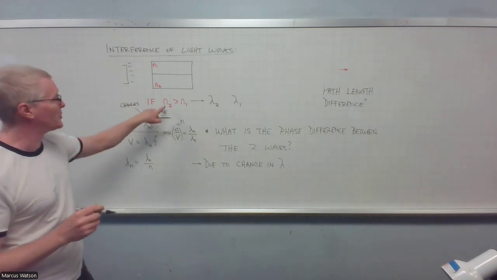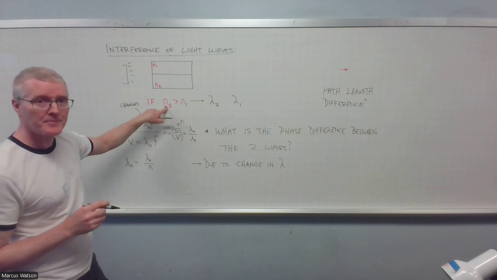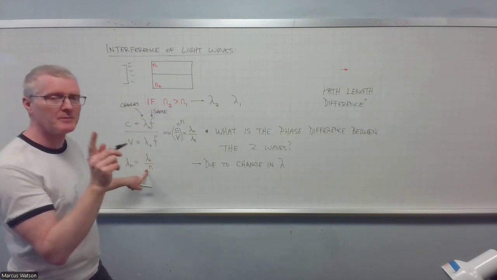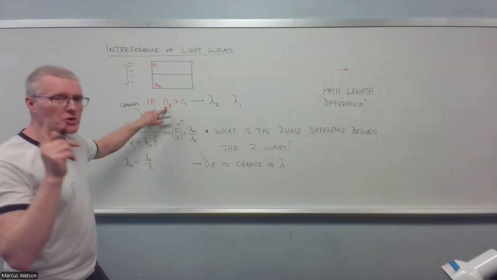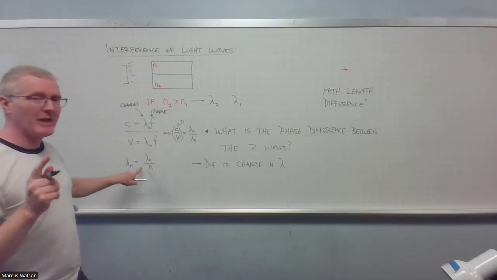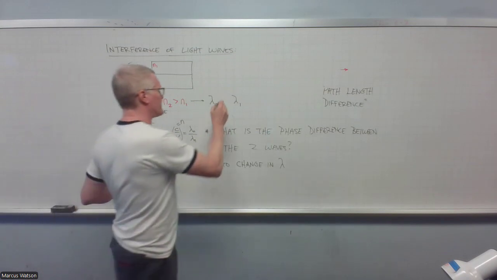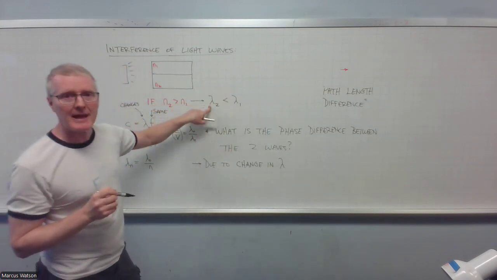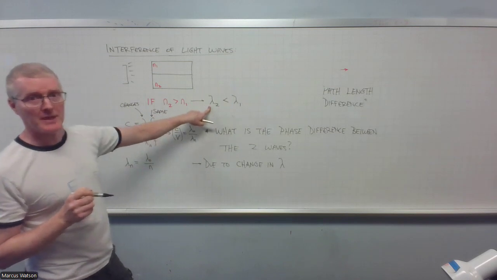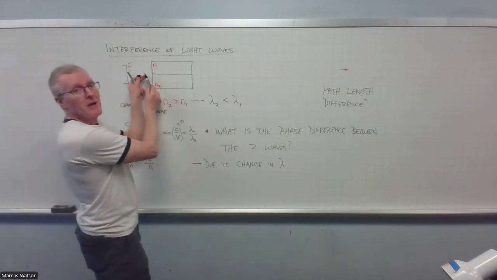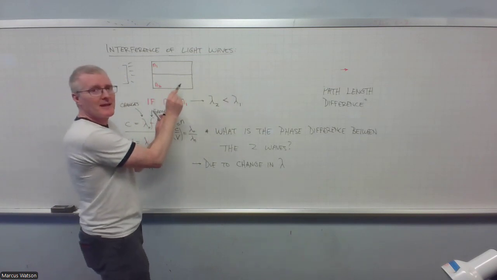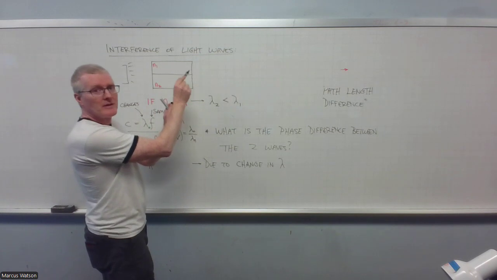If it has a larger index, then it will have a smaller wavelength, right? So if n2 is greater, then lambda 2 is less, okay? And that means even if they travel the same distance, there's a different number of wavelengths in n2 than there is in n1.